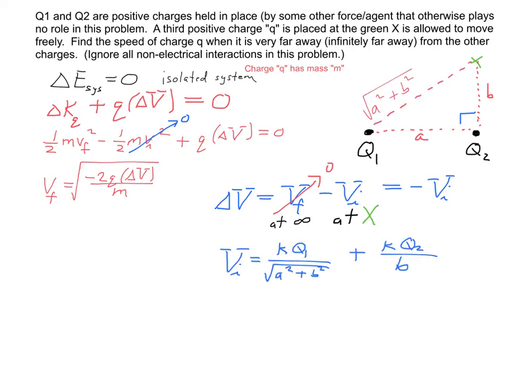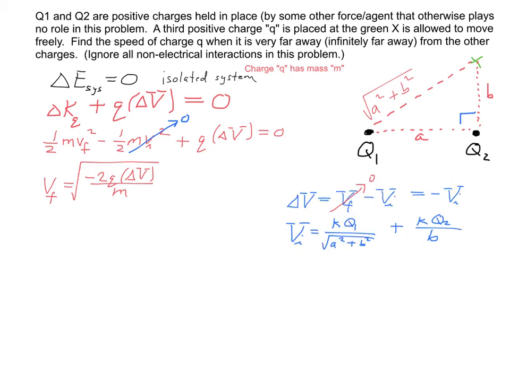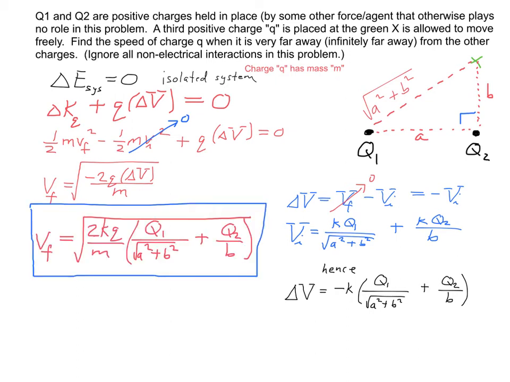And we can just simply add those up as regular numbers because the electric potential is a scalar. Putting this all together and substituting in for the change in potential, we get our formula for the final speed, that is the speed of the charge q when it's infinitely far away from the other charges.